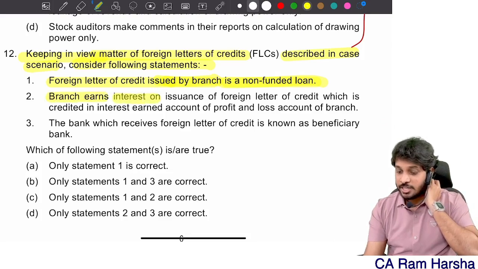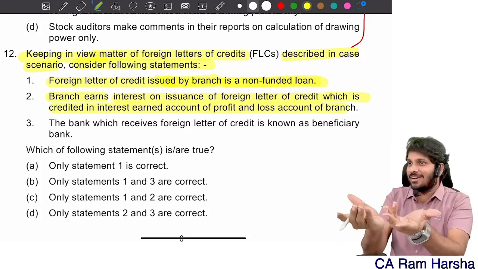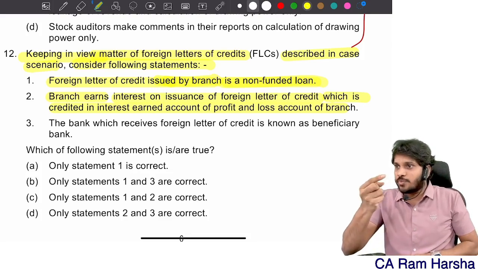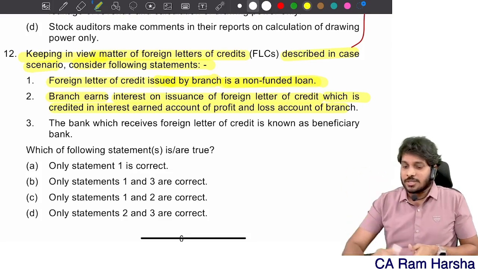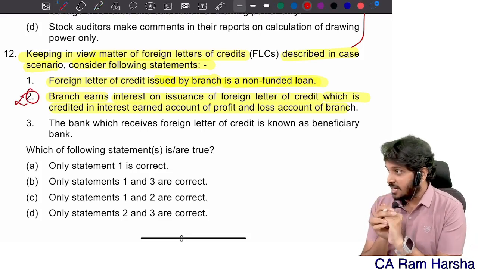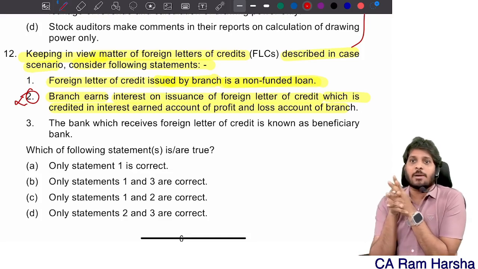Branch earns interest on FLC, which is credited in interest account. No. Loan itself is not there. In FLC, I just give a guarantee. For giving guarantee, I will collect charges for guarantee, not interest. So the statement is wrong. For giving letter of credit, I collect charges from my borrower.